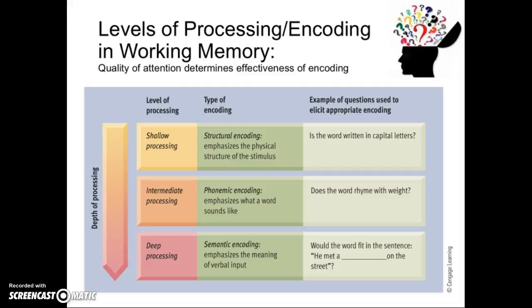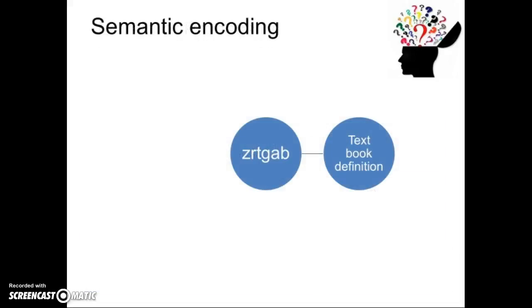Semantic encoding is going to emphasize the meaning of that word. So you may look up the textbook definition, or look at how it's written about in the textbook and used in different sentences to try to figure out, what does this word mean? So you're going to take this new, very important term, and you're going to look it up in the textbook.